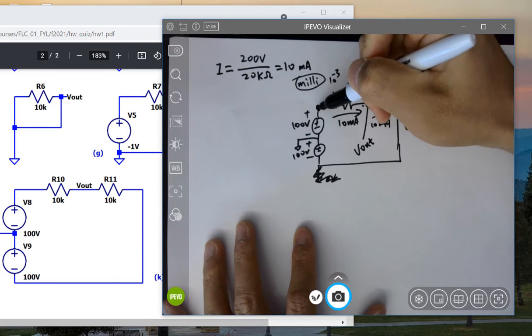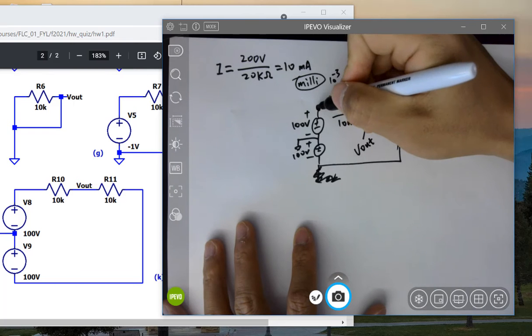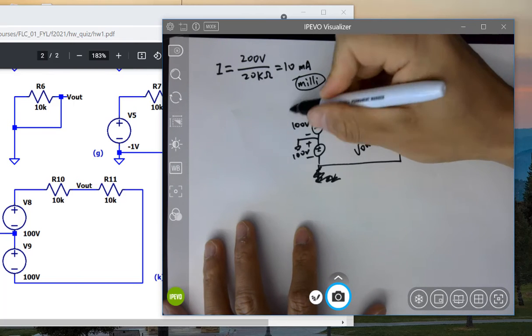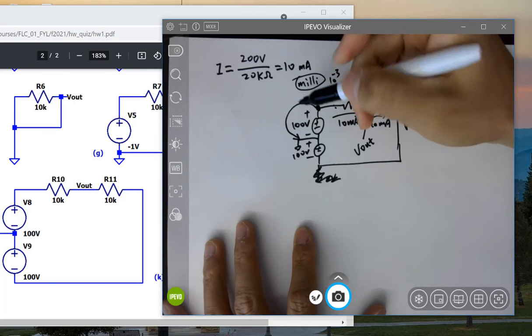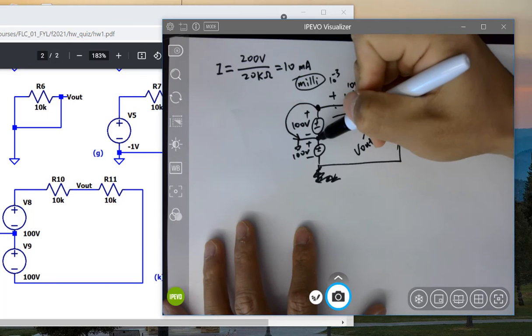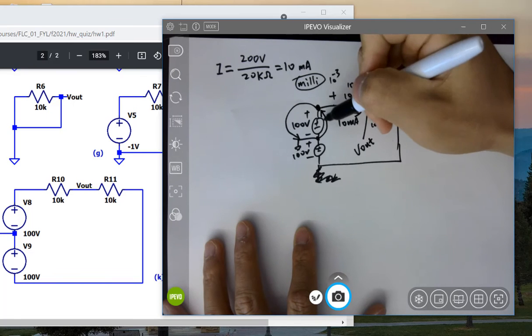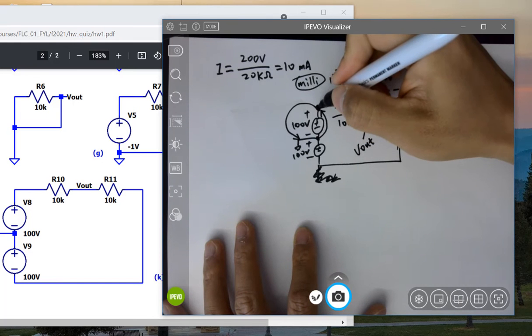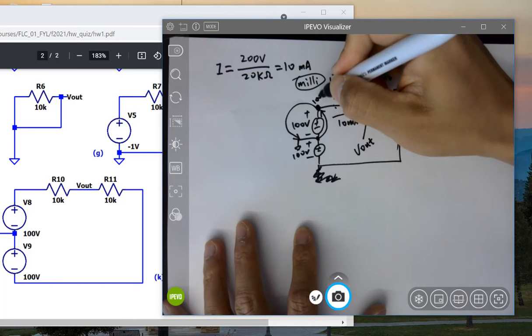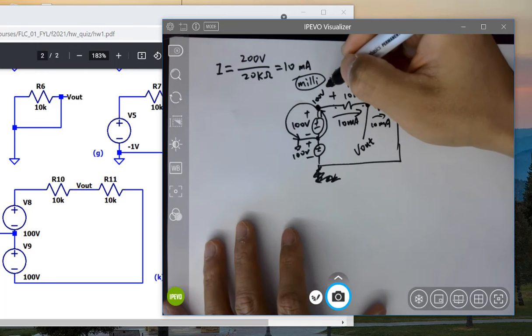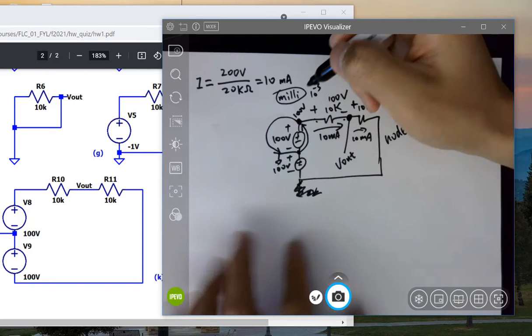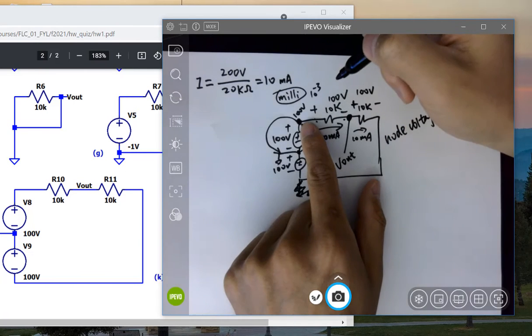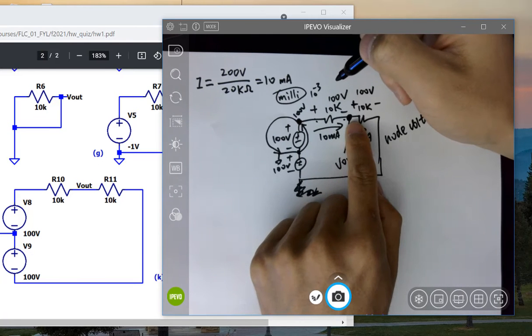I'm comparing to where? The ground. So starting from the ground, it's being incremented by 100 volts. So the voltage at this node is 100 volts compared to the ground.